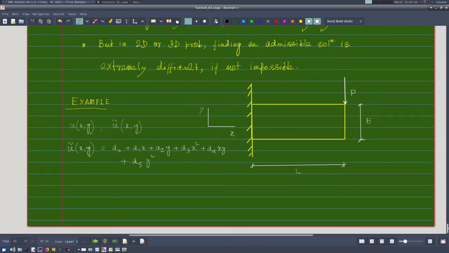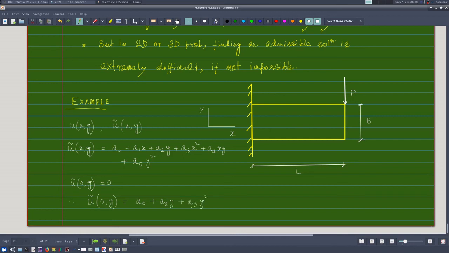Now in order to apply the essential boundary conditions, I know that u at x equal to 0, for all y, must be 0. Therefore, if I put x equal to 0 in the assumed solution, what do I get? I get u tilde at (0, y) equal to a0 plus a2y plus a5y square.